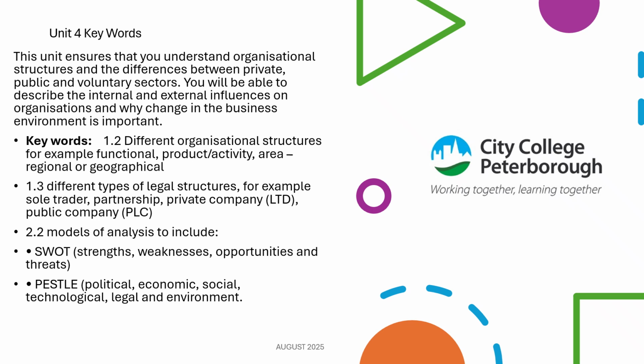You'll be able to describe the internal and external influences on organisations and why change in the business environment is important to everyone. So keywords for 1.2, different organisational structures, for example, functional, product, activity, area, regional or geographical.